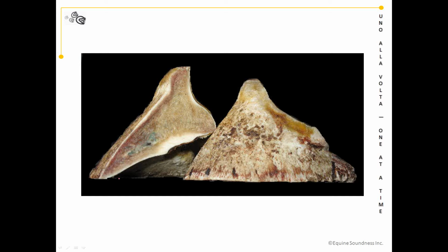Remember I said the hoof capsule is a cast of the coffin bone, and you know how in a healthy horse the sole is actually vaulted. And so is the coffin bone. So what you see here in the middle of the coffin bone is the solar vault. And this is the other half. If you put the two together, you have a full coffin bone again.